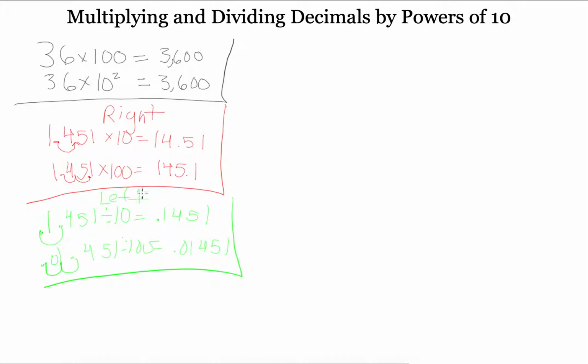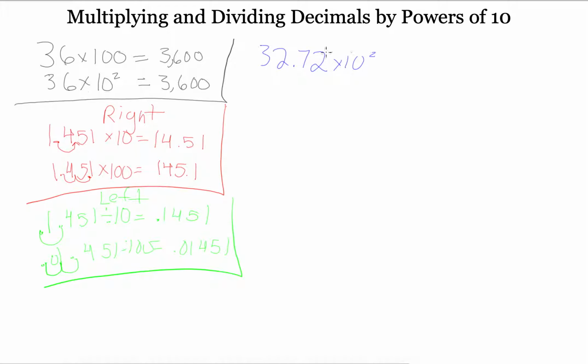Okay, so what we're going to do now is try to do decimal multiplication and division with exponents. So let's try a new number. Let's try 32.72. So 32 and 72 hundredths. And we're going to multiply that by 10 to the second.